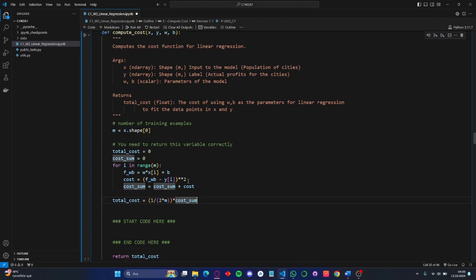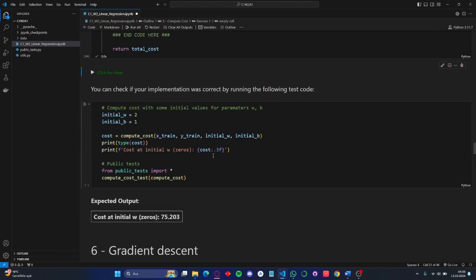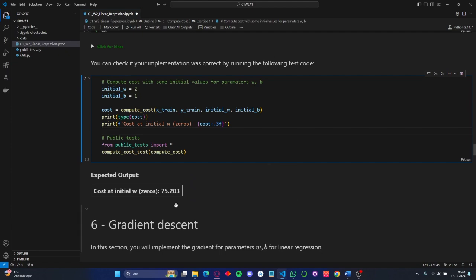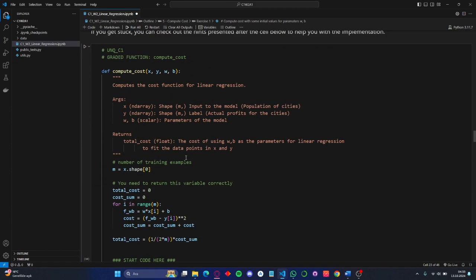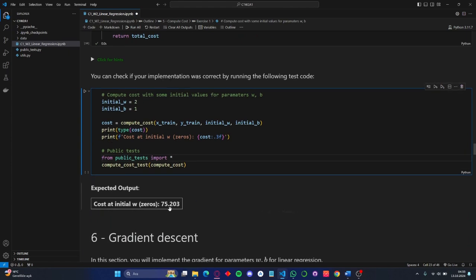And this function returns the total cost. And here, the initial w and initial b parameters are in this cell to check this function. It has to look like this.